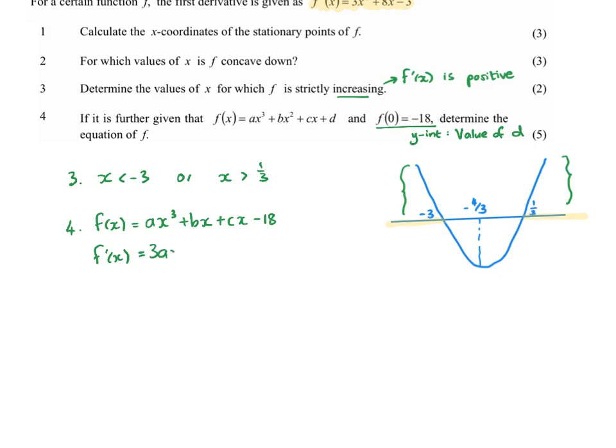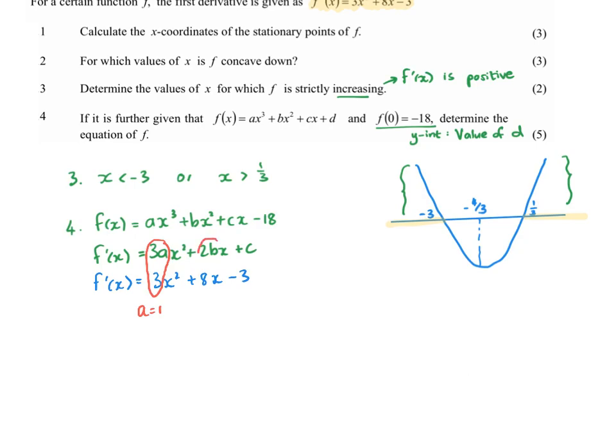So I'll get 3ax squared plus 2bx plus c. However, I also already know the equation of the derivative from the original question. The original derivative they gave me was 3x squared plus 8x minus 3. Now, if I compare these two equations, I can clearly see the value of a.